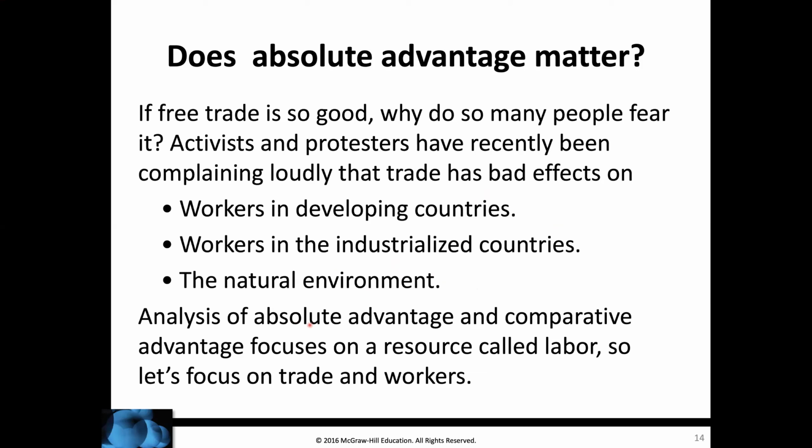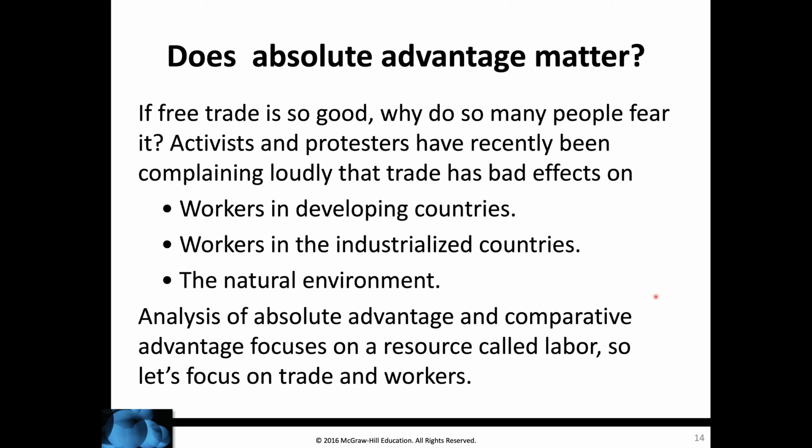So the analysis of absolute advantage and comparative advantage focuses on a resource called labor. There are other considerations that governments have to take into account when they're looking at trade.